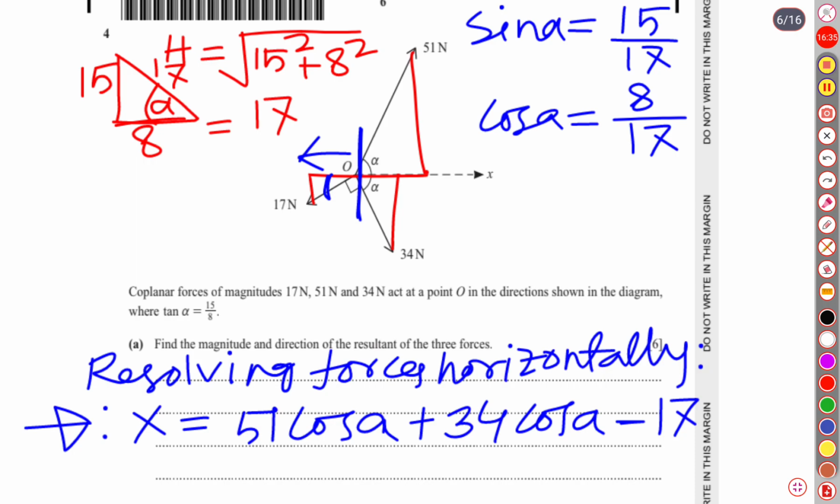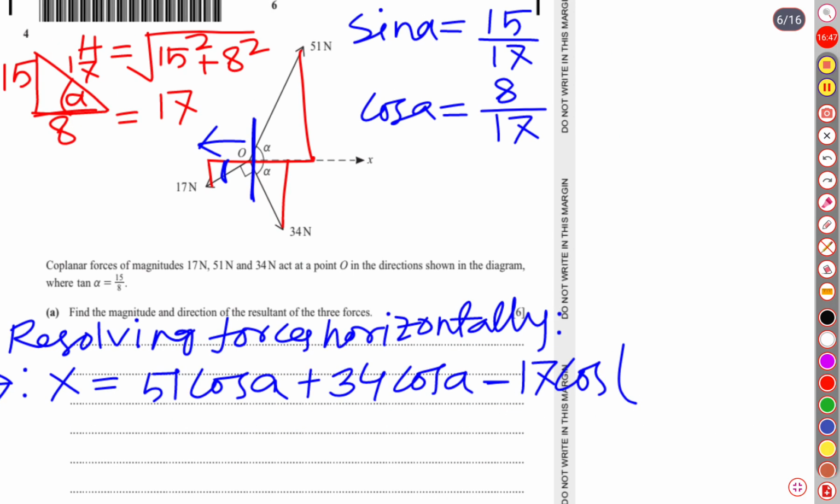The angle is 90 minus alpha. That means 180 minus 90 minus alpha, so it is 90 minus alpha. After that, we are going to substitute the values we have already obtained.